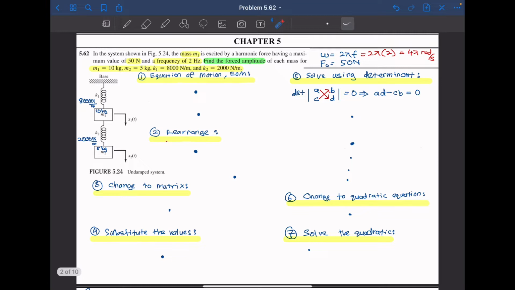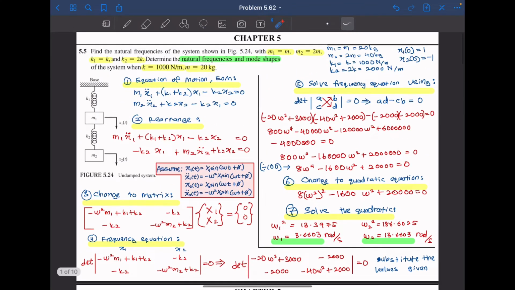The first half of the steps is exactly the same as 5.5. You have to find the equation of motion, rearrange, change to matrix, then you get a frequency equation, solve it using determinant equals 0, and then you get an equation to the power of 4.